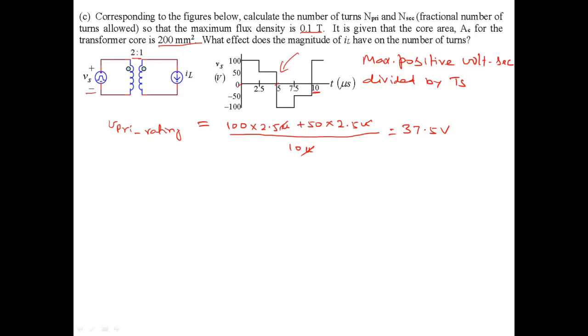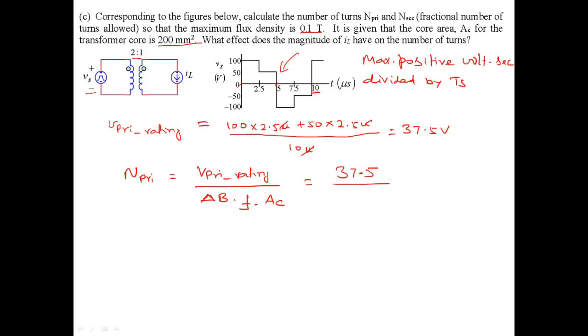So the formula that we had is N primary equals V primary rating divided by delta B, the total change in the flux density, times the frequency F times the core area. V primary rating is already derived, it is 37.5.